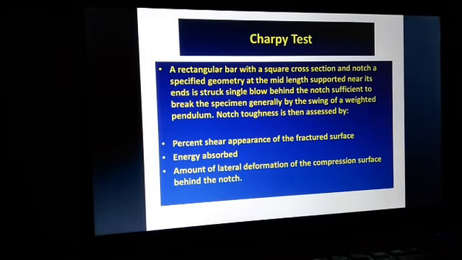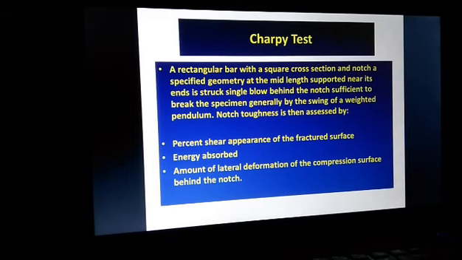Charpy test. A rectangular bar with square cross section and a notch of specified geometry at the mid length, supported near its ends, is struck by a single blow behind the notch sufficient to break the specimen, generally by the swing of a weighted pendulum.